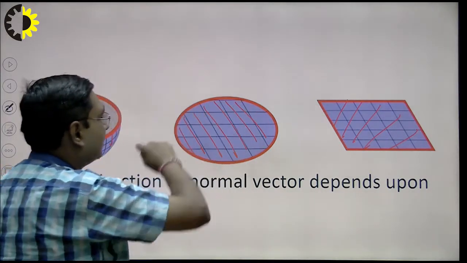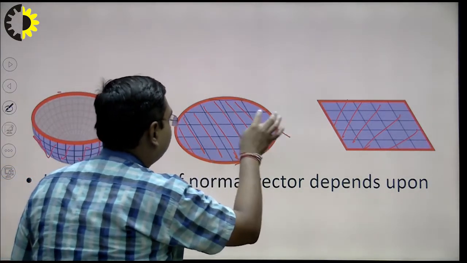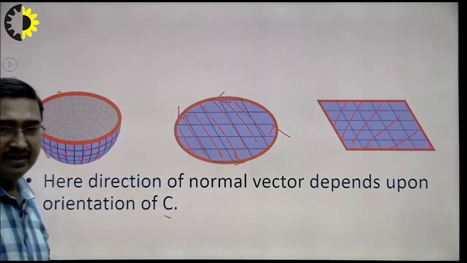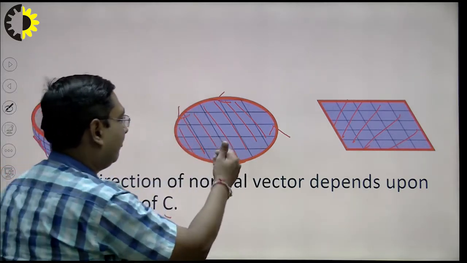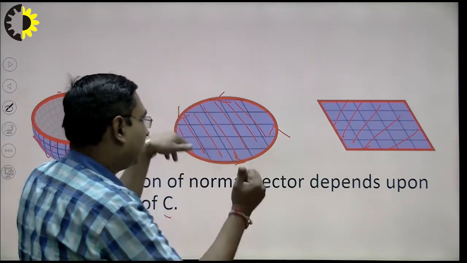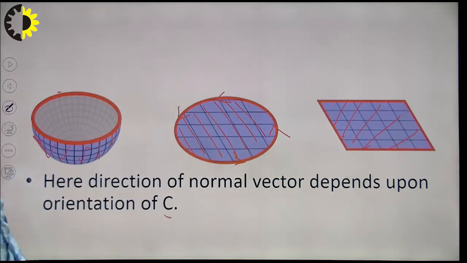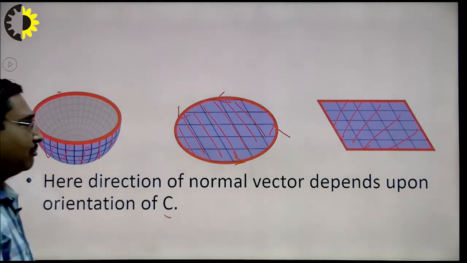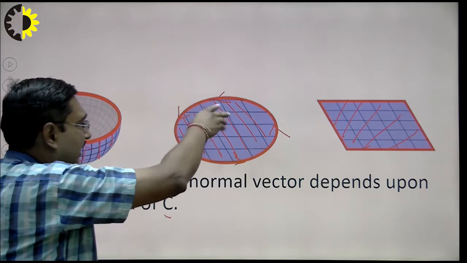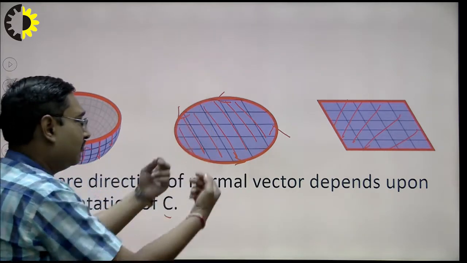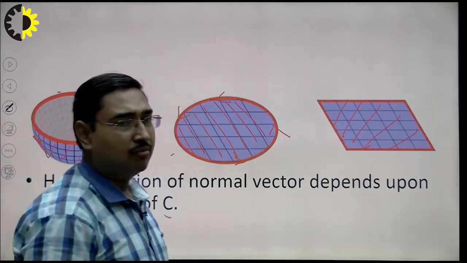Here this is the curve C. If the direction of curve C is anticlockwise, then the normal vector n will be pointing outward from the board, because the direction of the normal vector n cap will be decided by the law of screw. Thus, if the screw is rotating anticlockwise, then its tip will move towards this direction, which is pointing outward from the board.